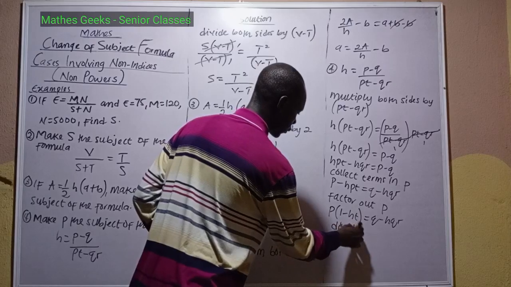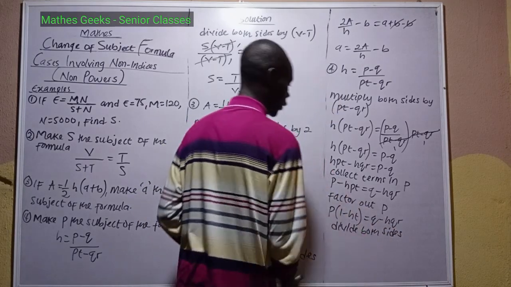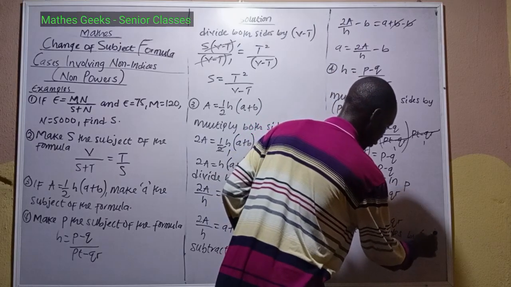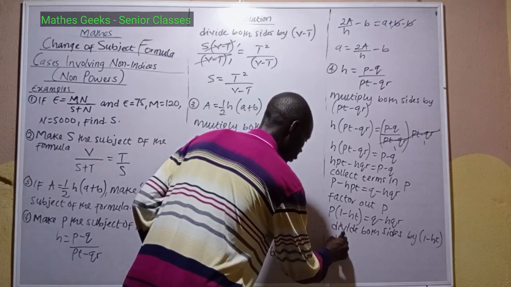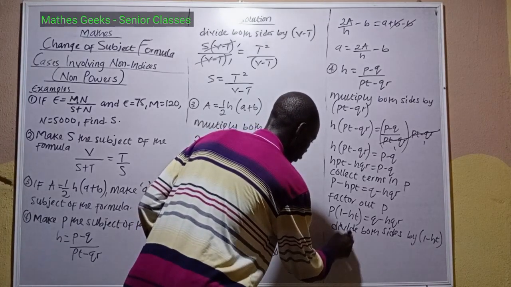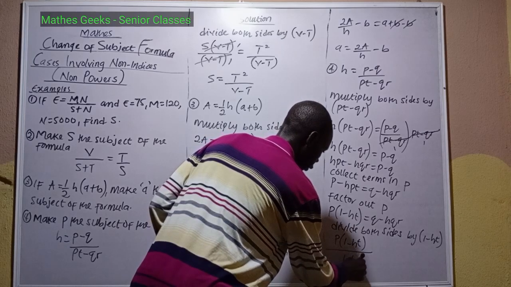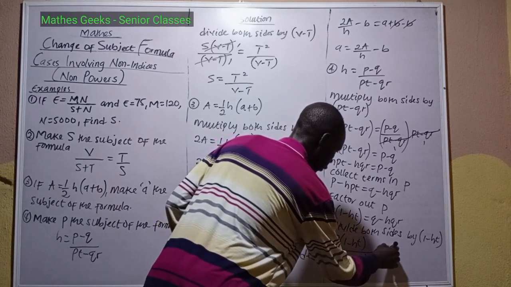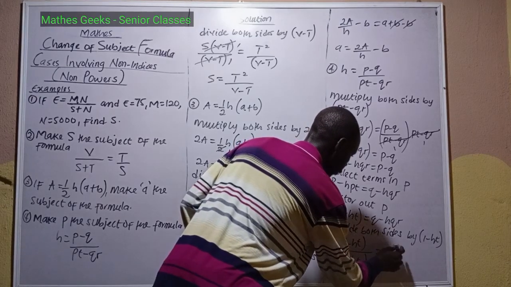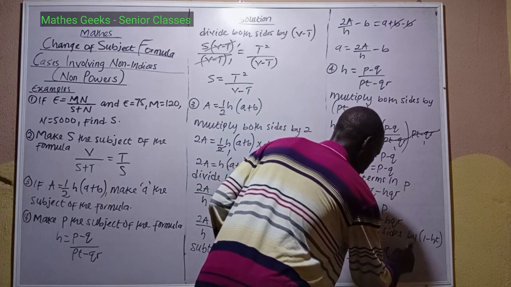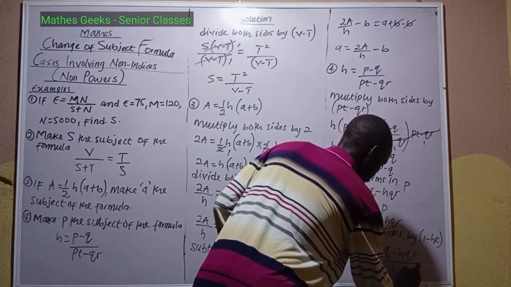Divide both sides by 1 minus HT. P times 1 minus HT over 1 minus HT equals Q minus HQR over 1 minus HT.